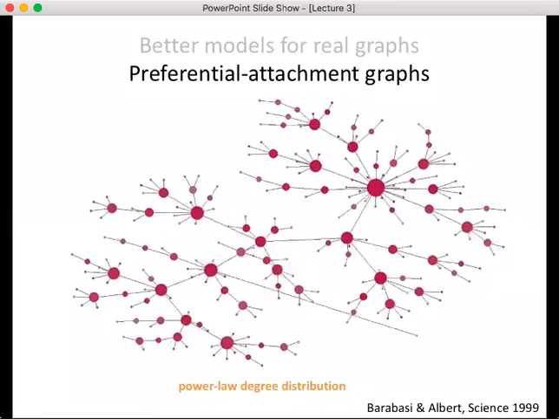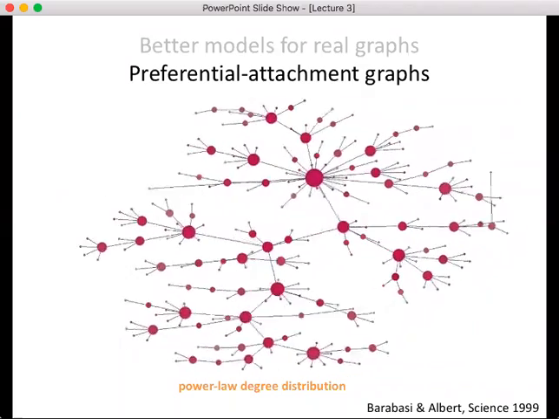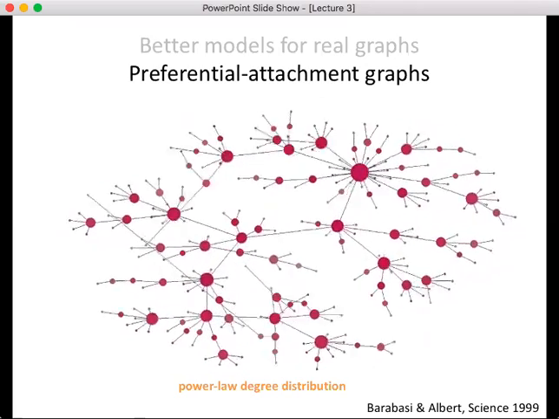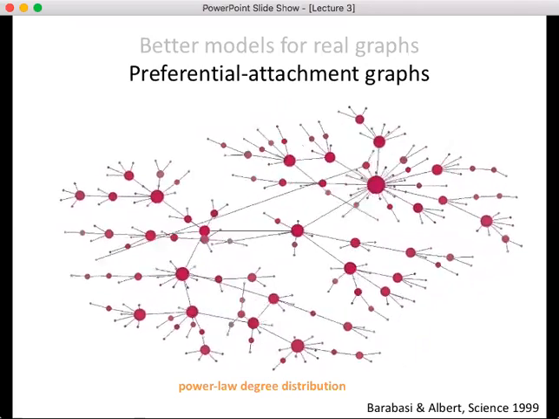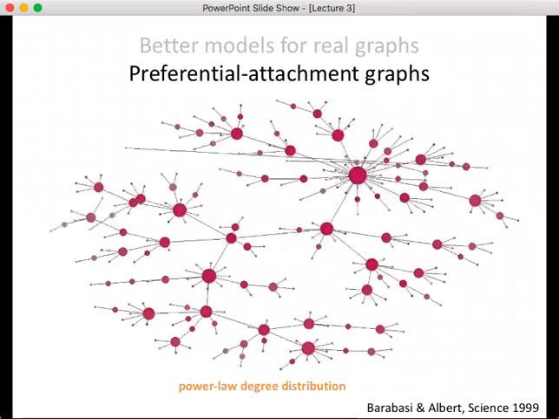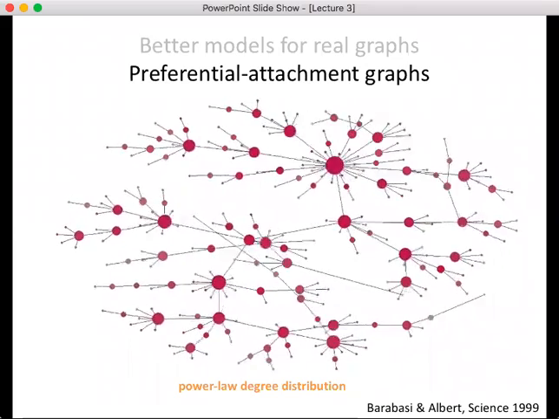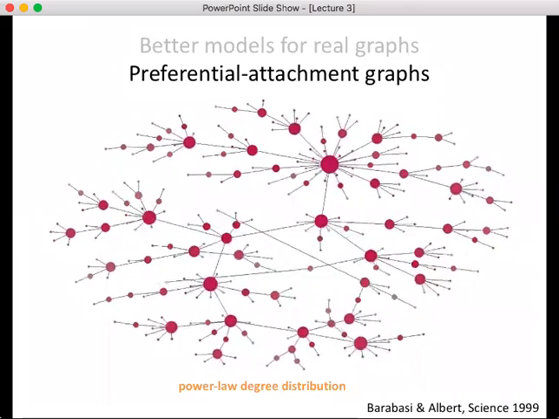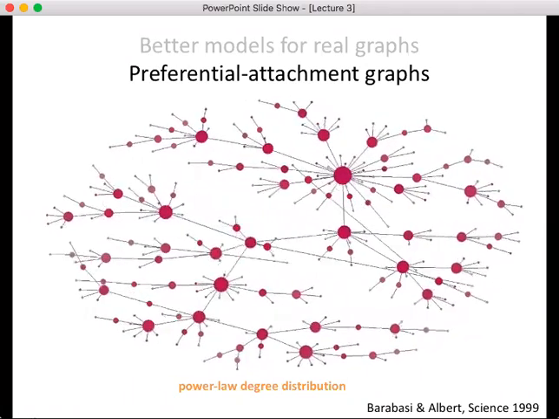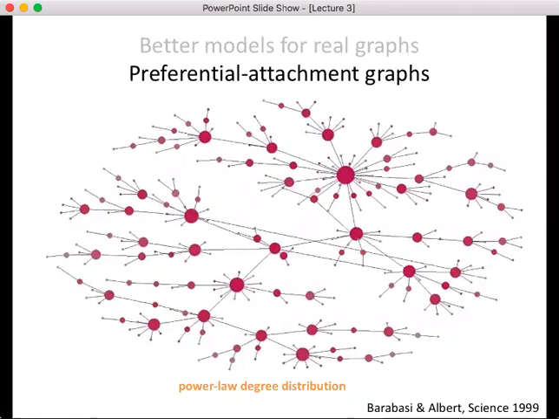Just to give some examples, think about the flight network. Obviously, it's very convenient if you create a new flight connection to fly to an airport that has already a lot of connections, because then you can have a lot of connecting flights and fly to many other places. So in Sweden, it makes more sense to create a flight that goes to Stockholm instead of Gothenburg, because from Stockholm you can fly to many other places.